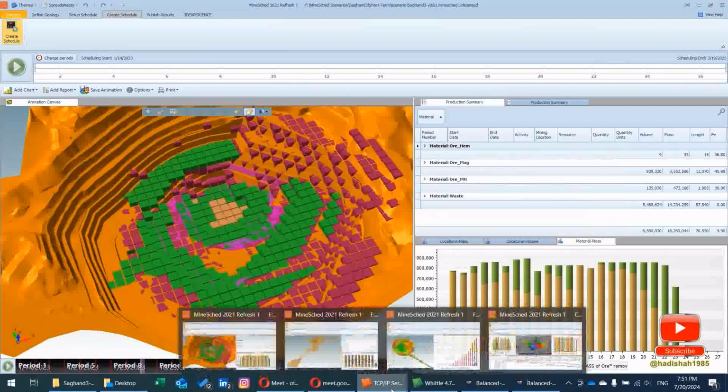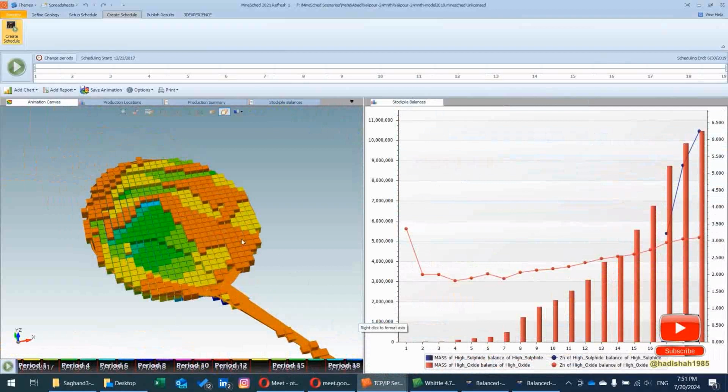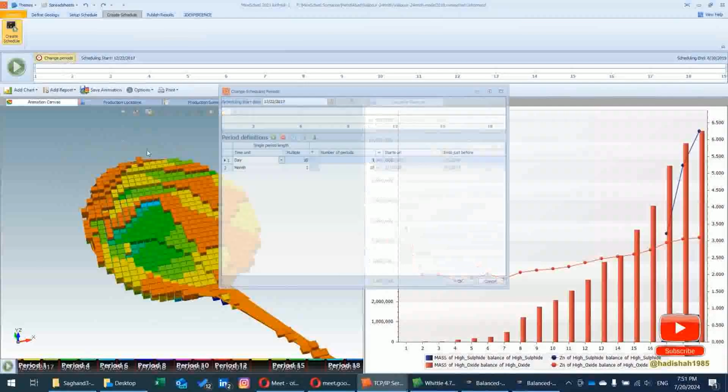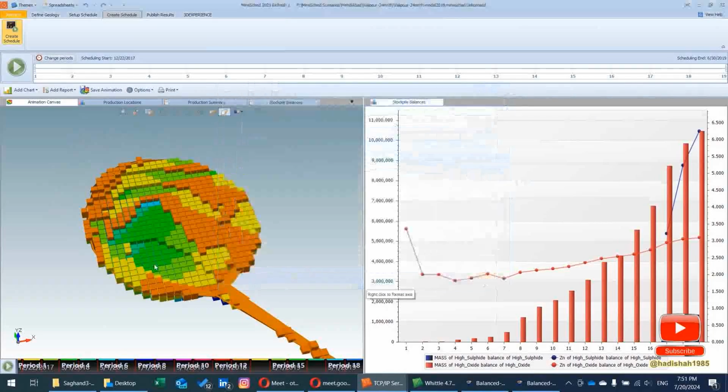For example, in this scenario, each color is one period, and each period is 1 month. Let me check. Yes, each period is 1 month, 18 periods, each of them 1 month, and the first period is 10 days.